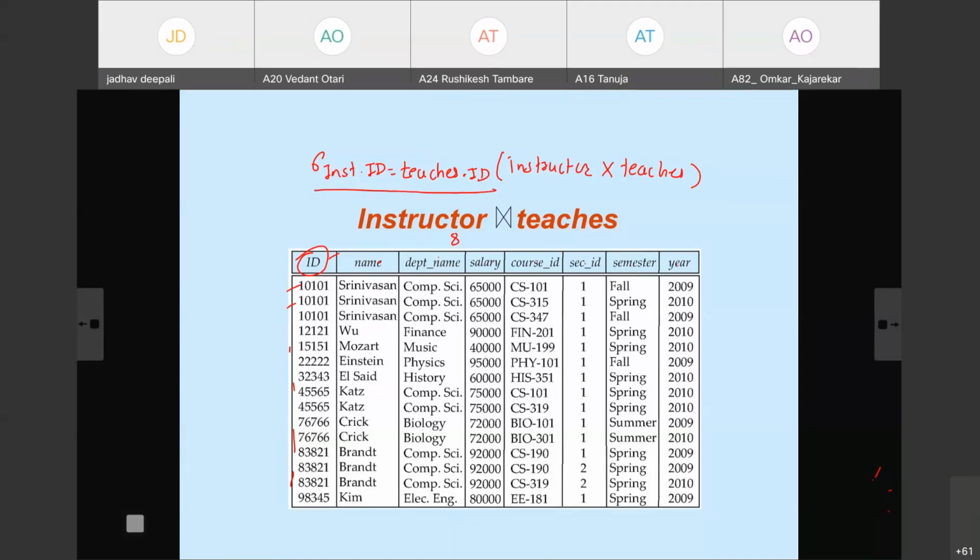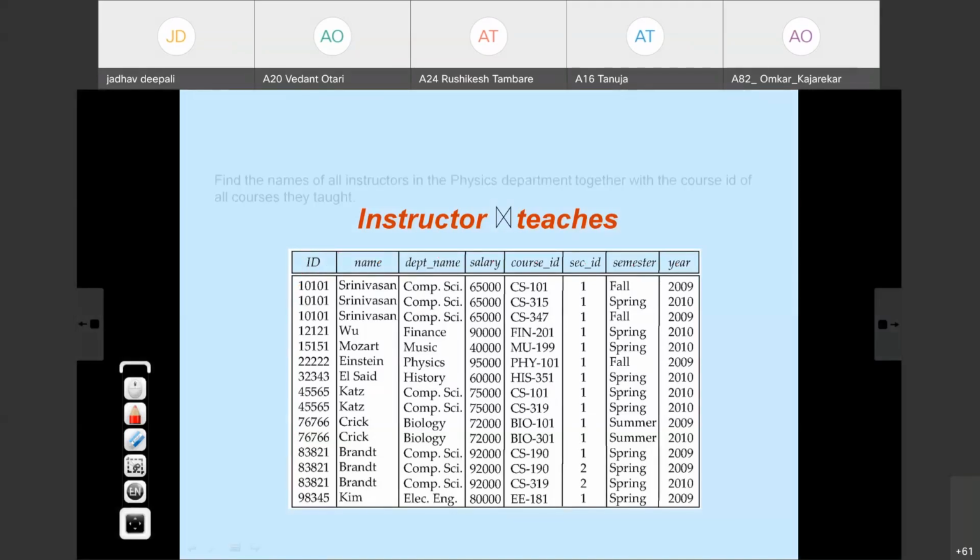But here the natural join combines the Cartesian product and the selection forcing equality on those attributes which are common, and also removes the duplicate attributes. So id appears only once in the natural join operation. That is the simple natural join operation.